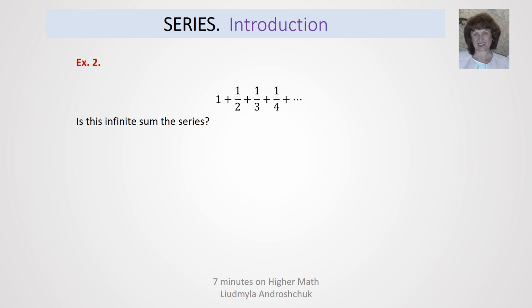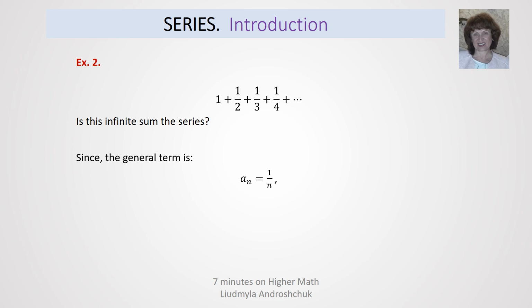One more example. 1 plus a half plus 1/3 plus 1/4 plus and so on. The question is, is this expression a series or not? Let's check two conditions. Firstly, this is an infinite sum. And second condition, what is the general term?